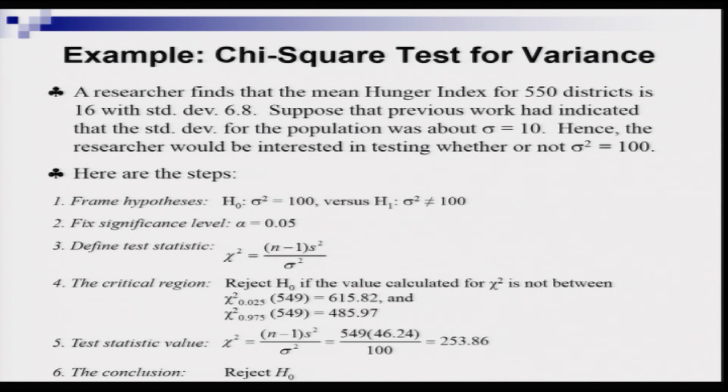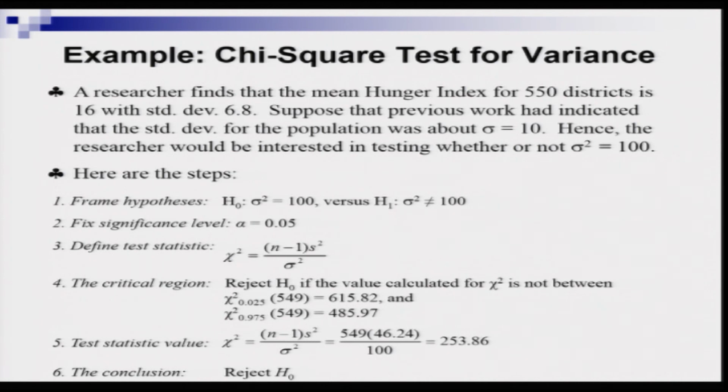You start by framing the hypothesis, and the null is sigma square equal to 100, and you test that versus the alternative hypothesis which says that sigma square is not equal to 100. And as I told you, you have to fix the significance level. So, you set it at 0.05 following the standard practices.